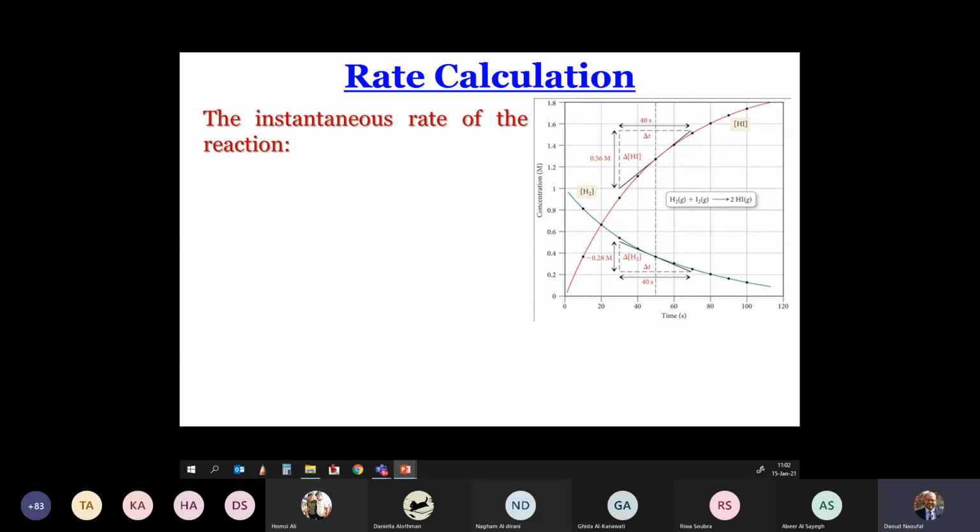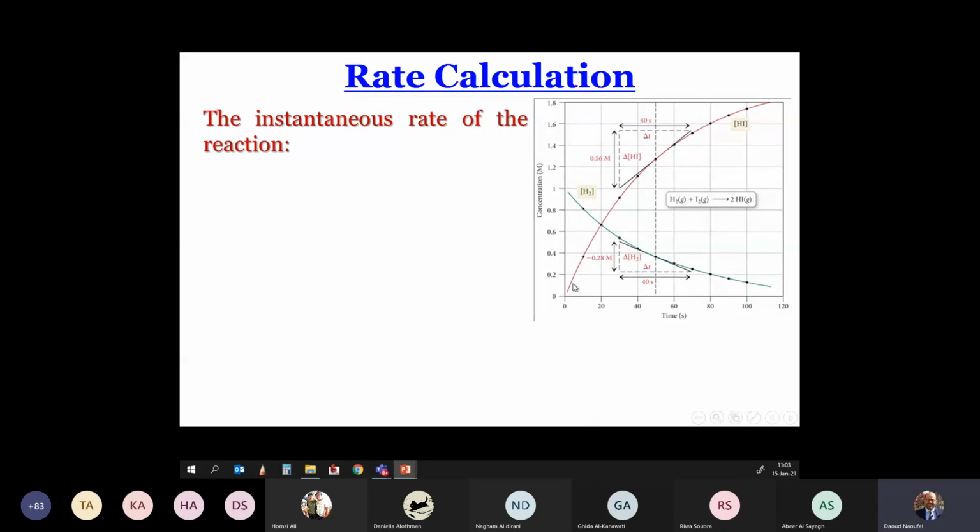Suppose I have the reaction H2 plus I2 gas giving 2HI gas. The concentration of H2 will decrease with time. The concentration of I2 will decrease with time. And the concentration of HI will increase with time. So the variation of the concentration of H2 per time is a decreasing curve.